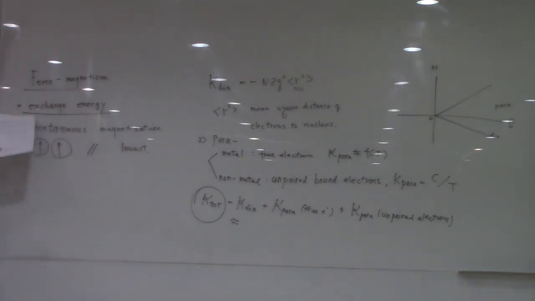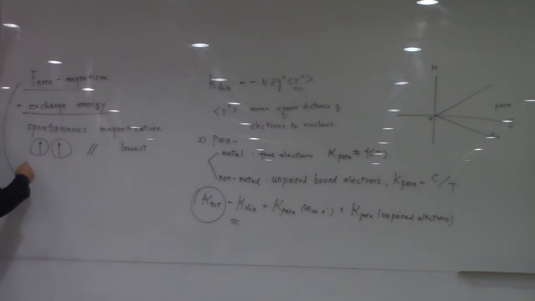Then in that sense, we are going to create a new terminology, exchange energy. And in the ferromagnetic materials, the nearest neighbor spins want to align themselves in parallel to lower the system energy, in other words, the exchange energy of the system. In that case, we're going to call this material a ferromagnetic material.